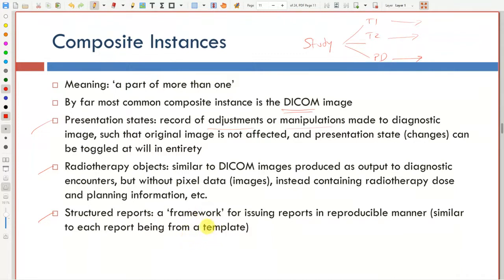There are many different report generation softwares, by the way, and doctors find this very convenient because they optimize their time. You don't have to write a lot. They write the most important information, and they can fill out the rest of the report from a template. So this is one of the things you can use composite instances for.